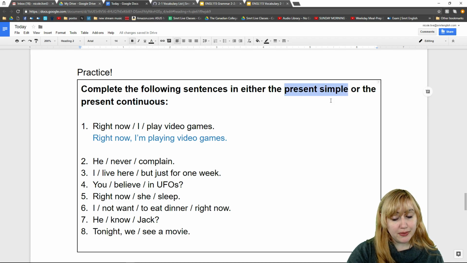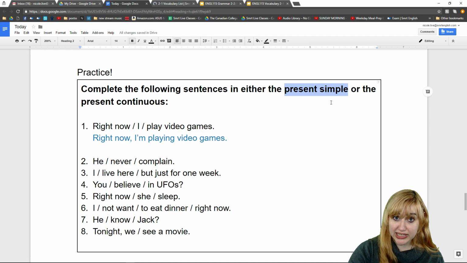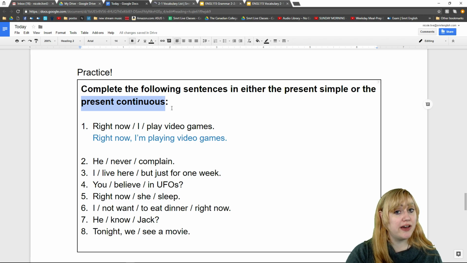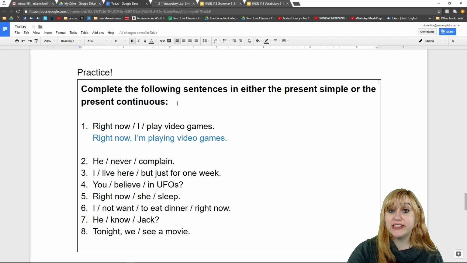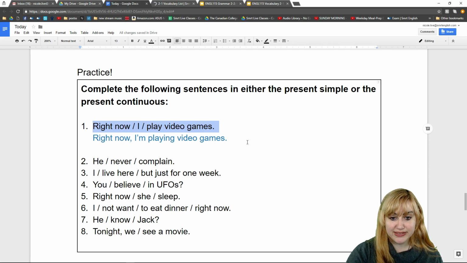Remember that for present simple, we're talking about always or usually. Present continuous, we're talking about right now. And if we have a state verb, we have to use present simple. So here's an example. It says, right now, I play video games.